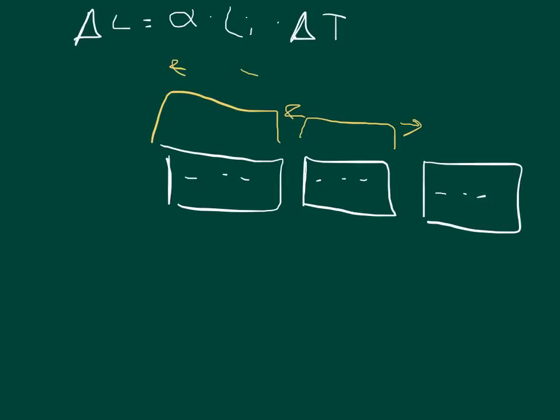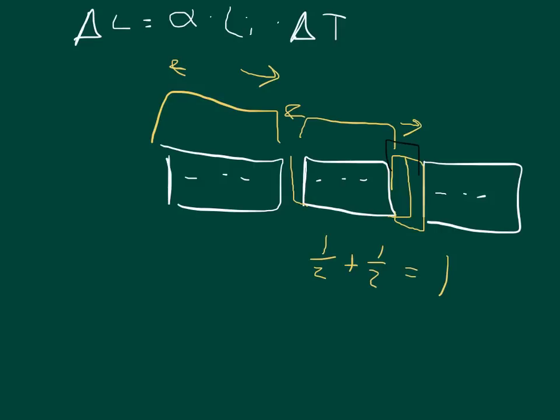What I'm trying to show is that this one gets half of this space and it gets half of this space. And so in essence, the total expansion is going to equal one of these, since half of one space plus half of one space equals one whole space.